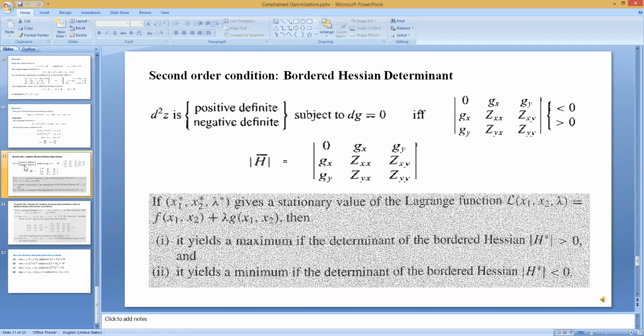Now if z is strictly convex, what kind of optimum will it give, maximum or minimum? Minimum. If it is strictly convex, we will get a minimum. Please write down, this provides a minimum.